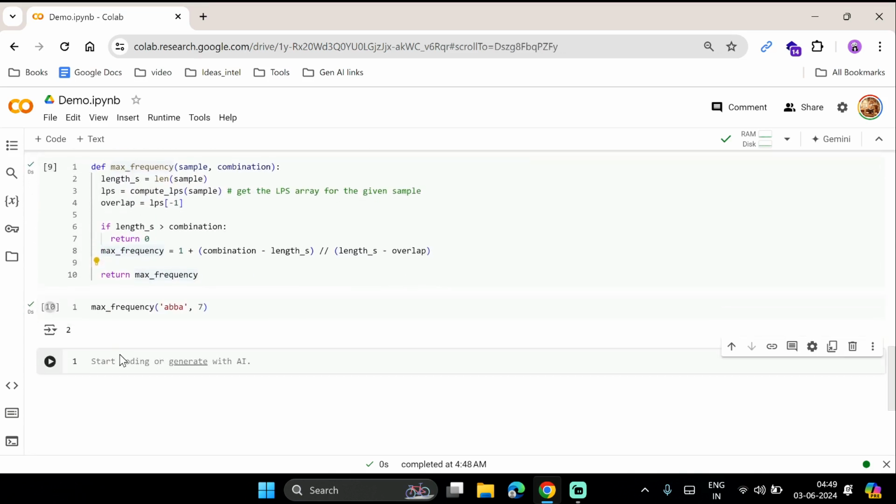Okay, so now we can try it for some other example as well. Max frequency, but let's try to give a bigger thing. Let's say A, B, X, C, D, E, X, C, D, E. Is overlap possible?